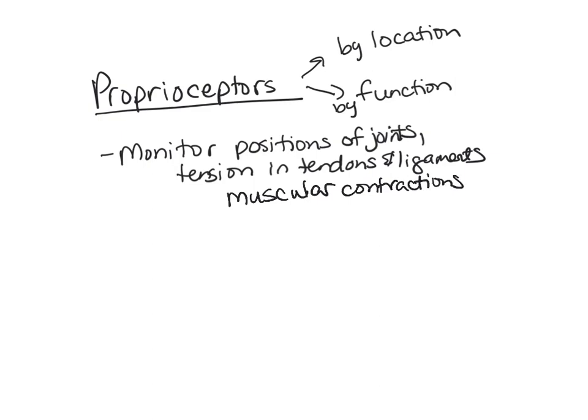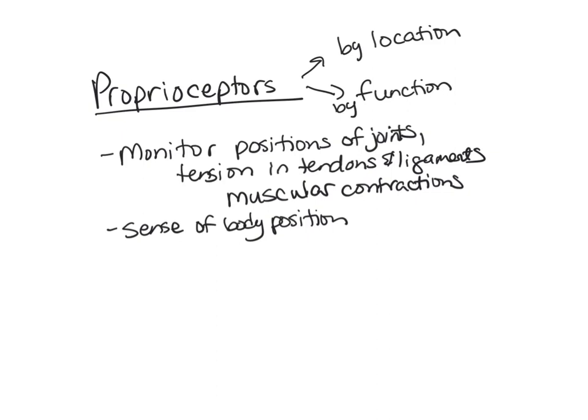So basically, it gives you a sense of body position. So even if your eyes are closed, you know what position you're in. You know if you are sitting or standing or laying down. And that's because of this information from these receptors.